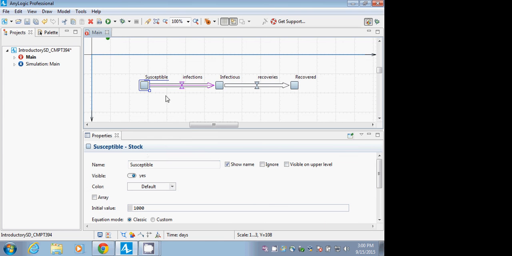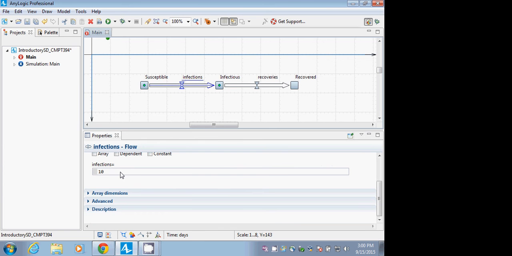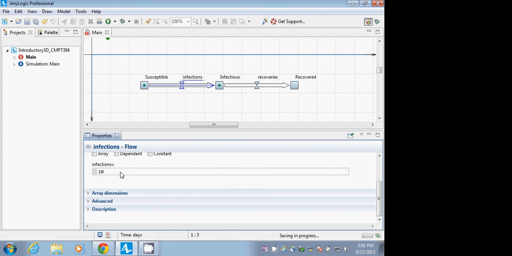Here is our initial value of 1,000 people, and we set the flow rate to be 10 people. What does that 10 mean? 10 people per what? Day, because we've set the time unit to be day. Great. So what do you think will happen now if we run this? So 10 days or 100 days, everyone's going to become susceptible to infection and stay there.